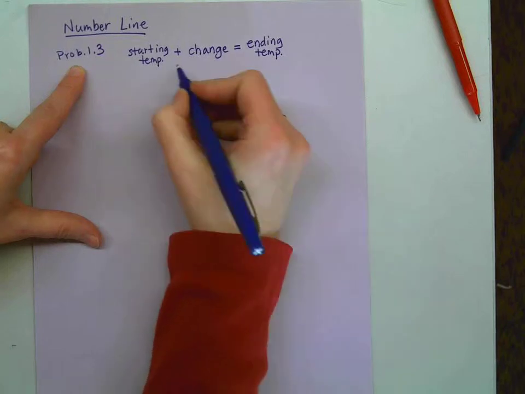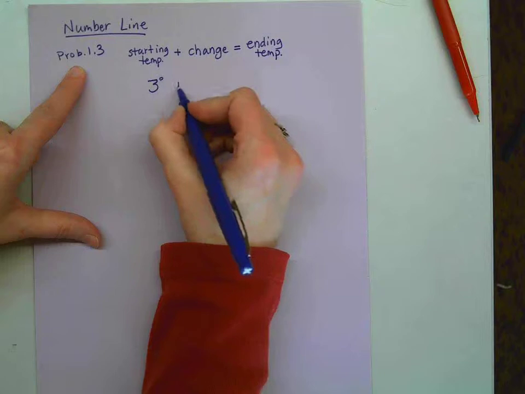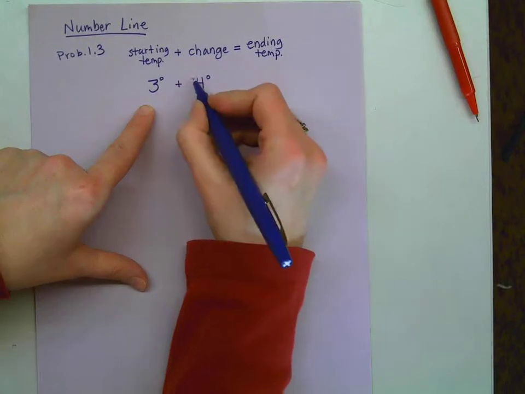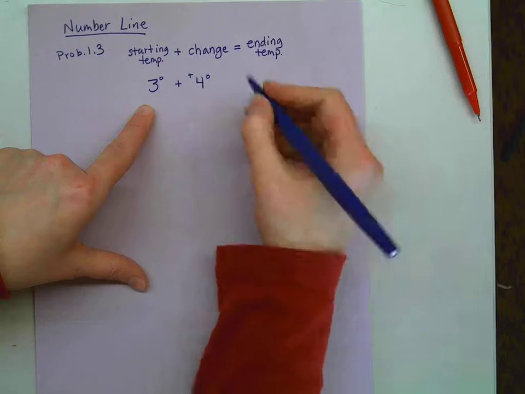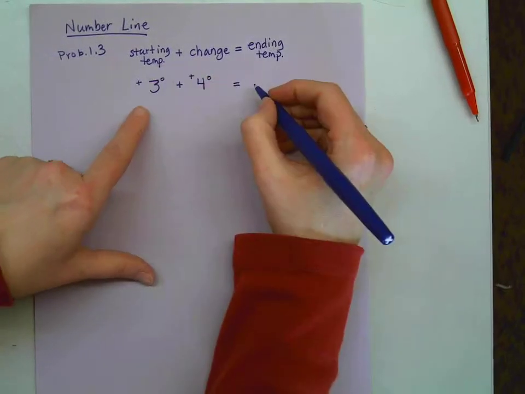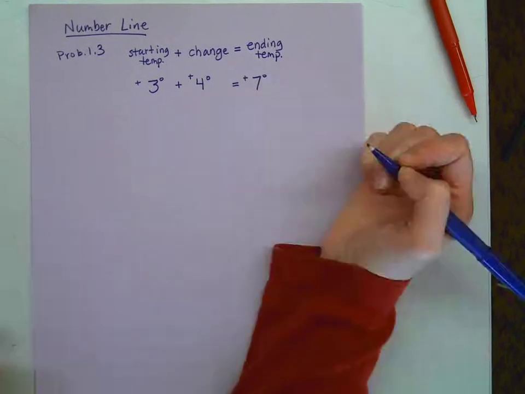The starting temperature, let's say, starts at 3 degrees. There's a change of 4 degrees. If the temperature is rising, it's a +4 degrees. Call that positive. And the ending temperature following this change would be +7 degrees.